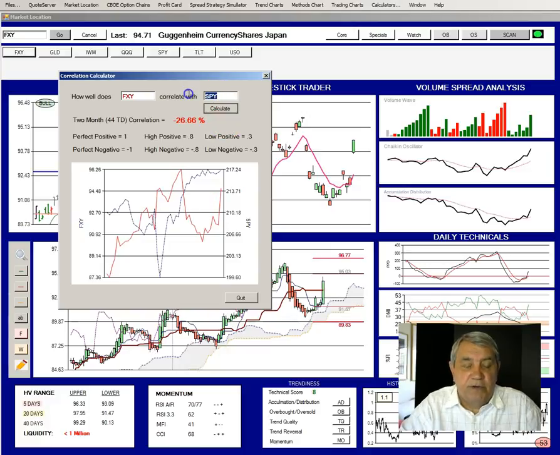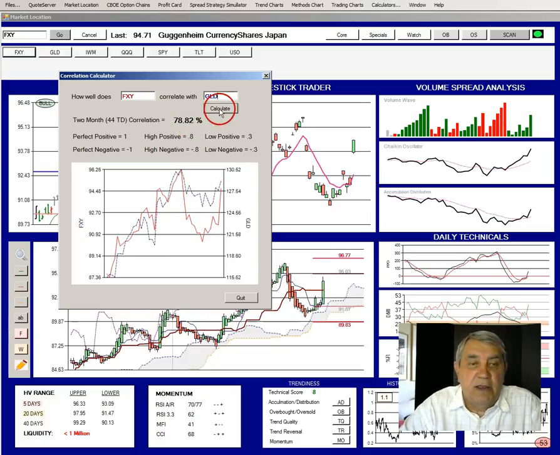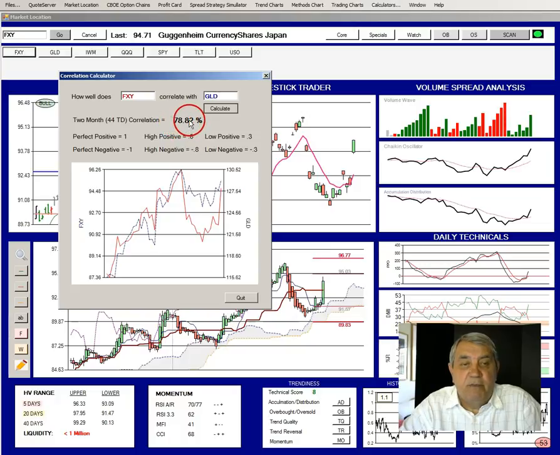The other correlation that we like to look at is between the Japanese yen and gold, and that's a high positive correlation of 78.82%, and that has pretty much stayed in place. So when the yen started going higher, we anticipated that the FXY would pull GLD, or the yen pull the gold higher, and that is in fact what happened.